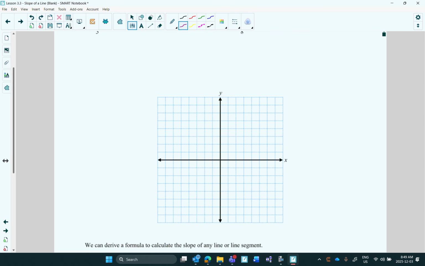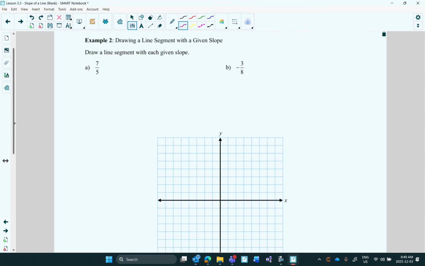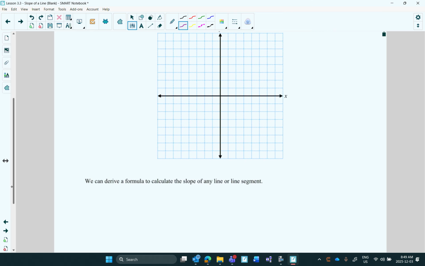Well, if I pick a starting point, this tells me what? I'm going to move 7 which way? Up. This tells me I'm going to move 5 right. So pick a point anywhere on the grid and then move 7 up, 5 to the right.